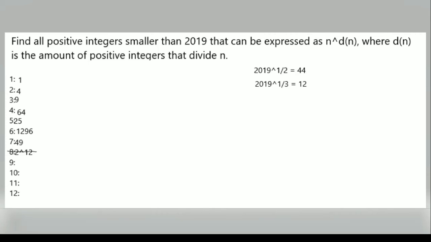And with 10, 10 is 2 times 5, so it also has 4 divisors, so it won't count either. 11 is a prime number also, so we only have 11 squared, which is 121.